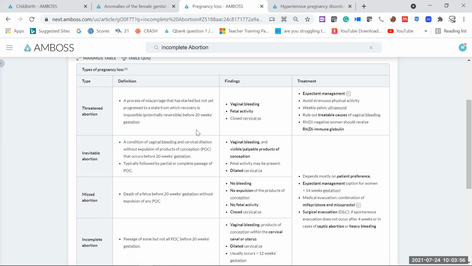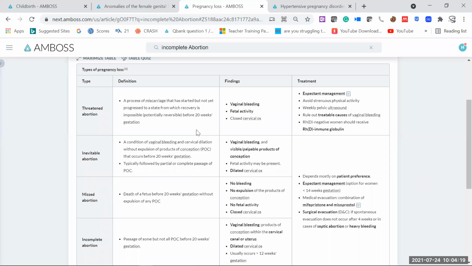Soon these RPOCs are going to be expelled out. It is typically followed by partial or complete passage of products of conception. Sometimes we may find something in the vaginal canal, and sometimes we don't. The canal is totally empty, but the os is open. So once the os is open, in 2 or 3 days, you will see that the products of conception will be expelled out.